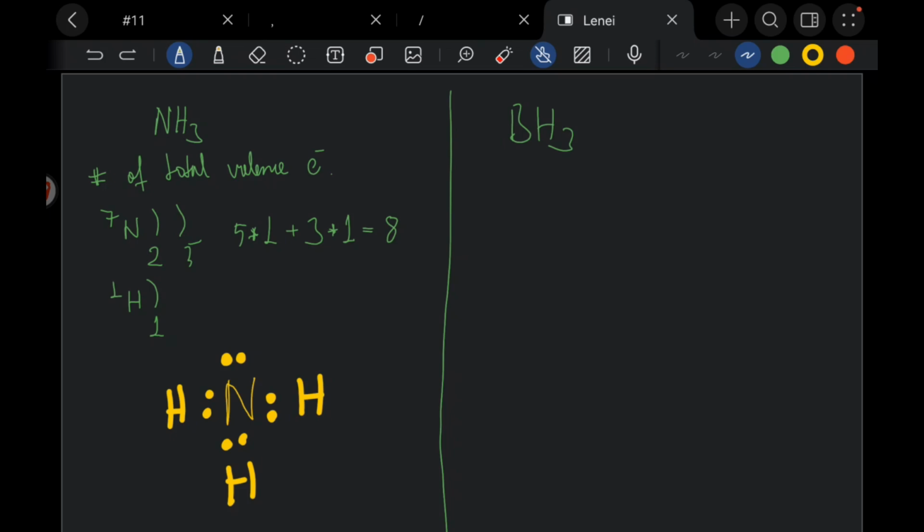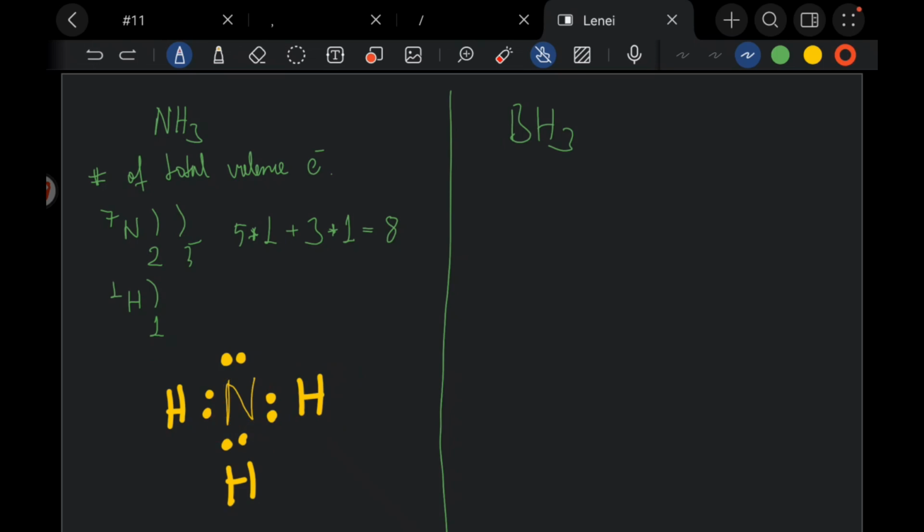Okay, so this is our Lewis structure, and if we look at the nitrogen atom, the octet rule is satisfied, since we have 8 electrons for the nitrogen atom. On the other hand, for hydrogen we don't have the octet rule, we have a doublet rule, and it's satisfied since each hydrogen atom has 2 electrons.